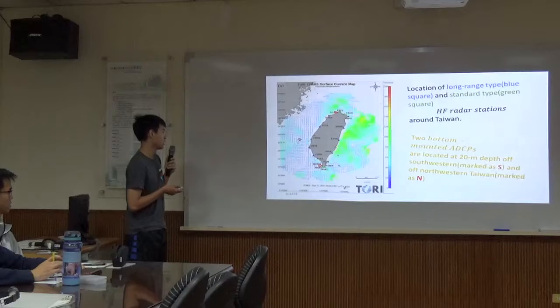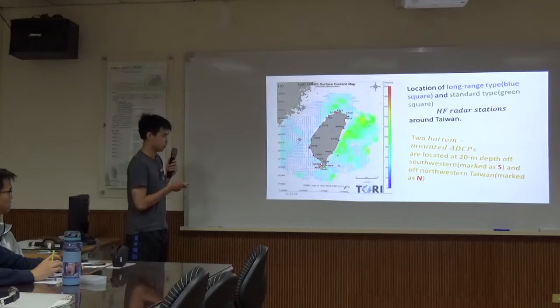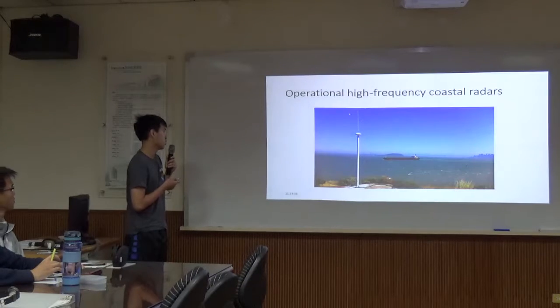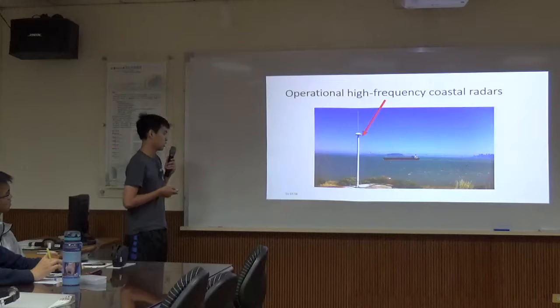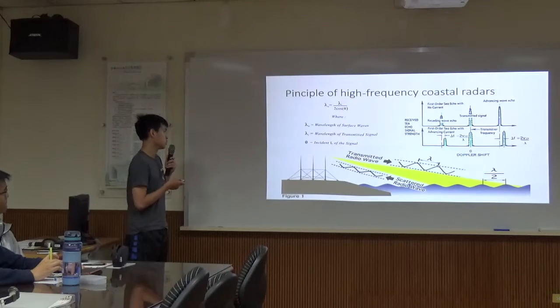Please remember this picture. Operational high frequency coastal radar is also one of the HFRs. It is this one. The principle of high frequency coastal radar we have taught in the physical oceanography class. You can search in Cyber University by yourself.